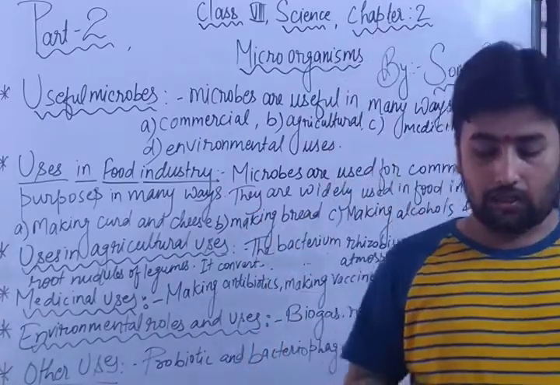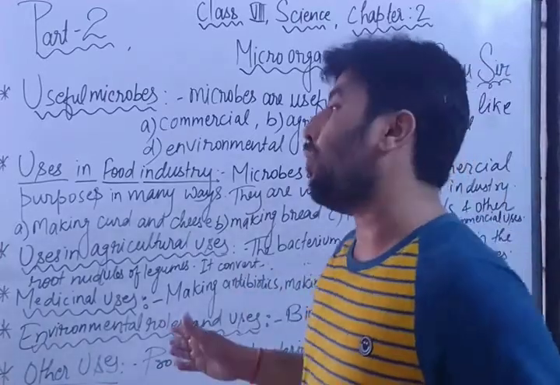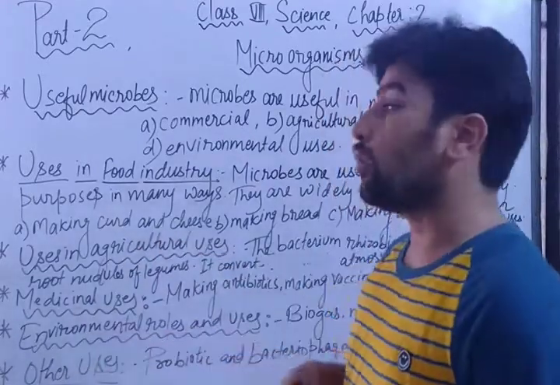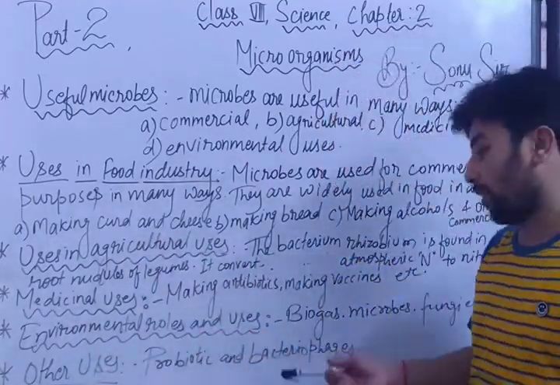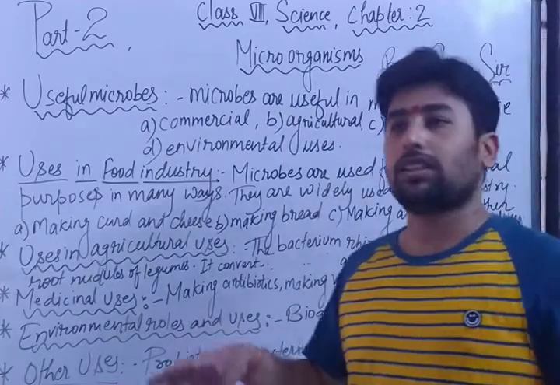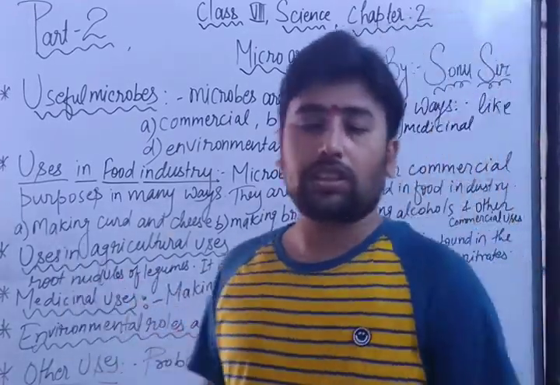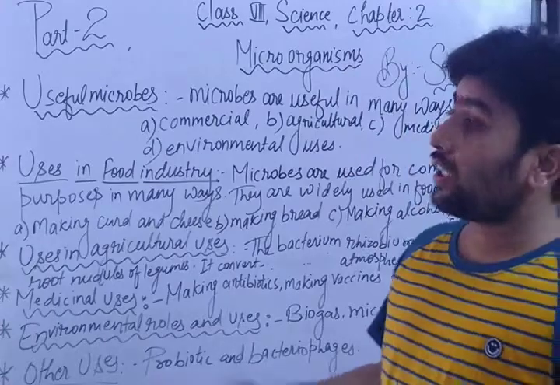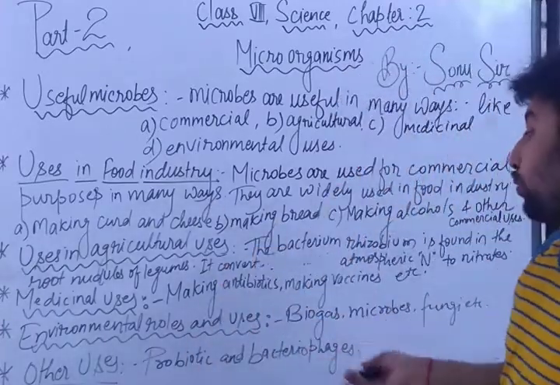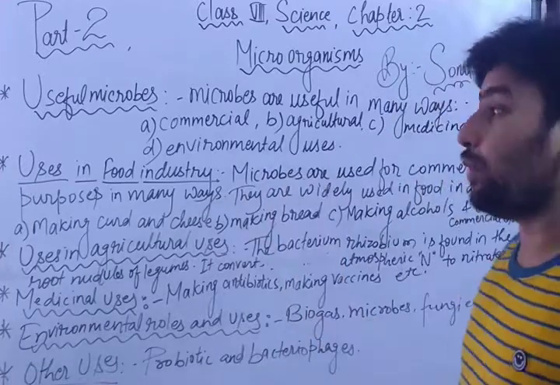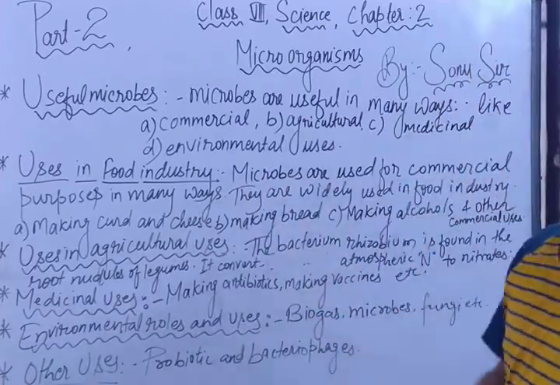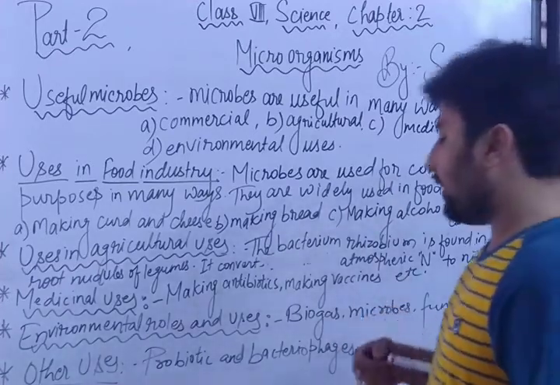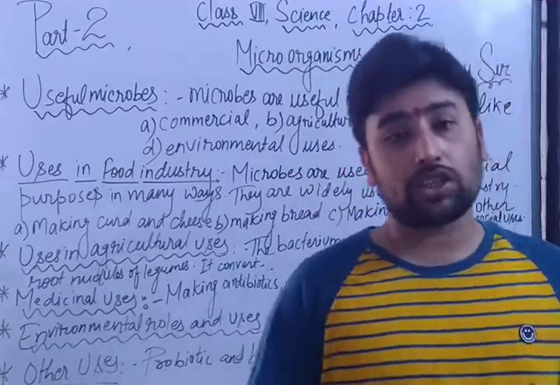Because the bacteria are specially used to break down the dead organisms or the dumps present in the field, these bacteria are also used in the environment. Whenever the municipal corporation people come to collect garbage, some bacteria are used to break down each and every dump, and they convert all the garbage into biogas with the help of microbes, fungi, etc.